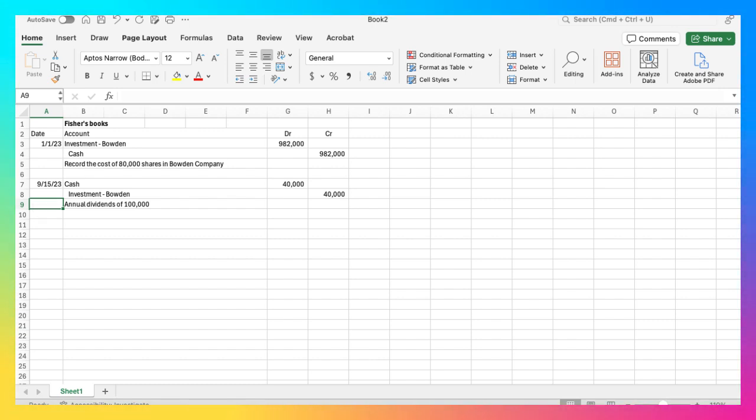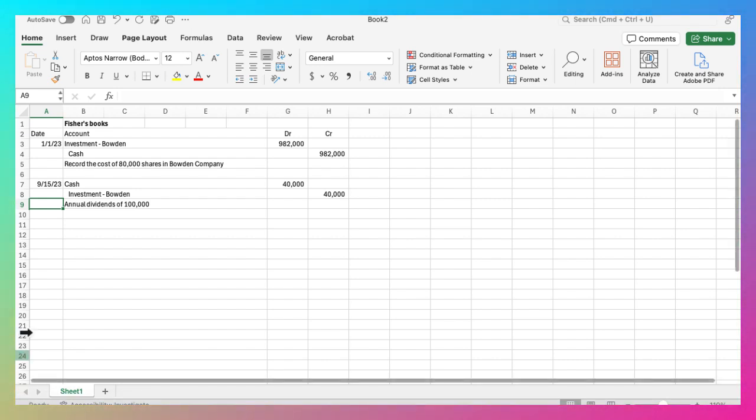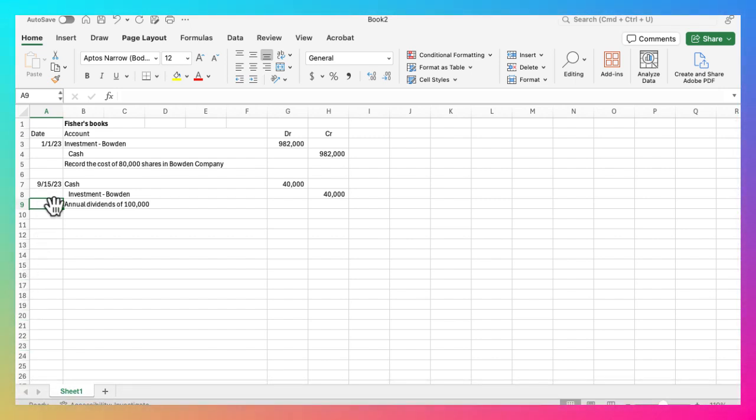The next thing that happens is the end of the year. What happens at the end of the year? It's 12/31/2023 and Bowdoin reports net income.